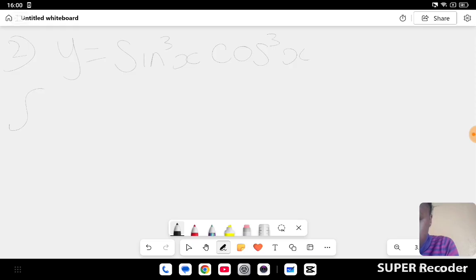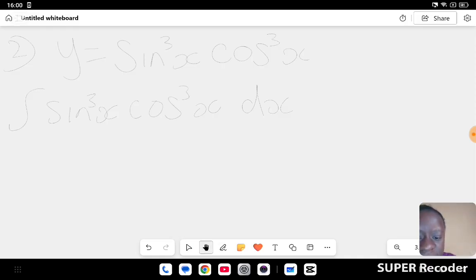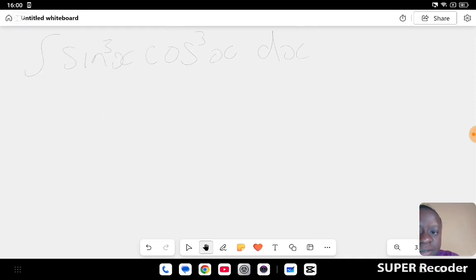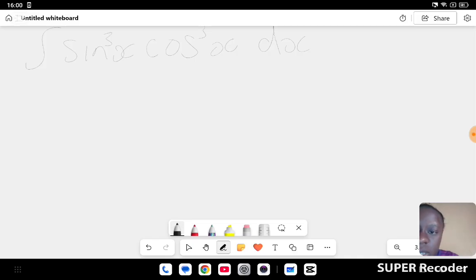Integration of sin cube x cos cube x multiplied by dx. But let's first simplify it to be in a certain way for us to be able to integrate it in a simple manner.